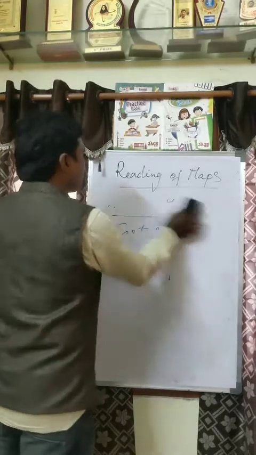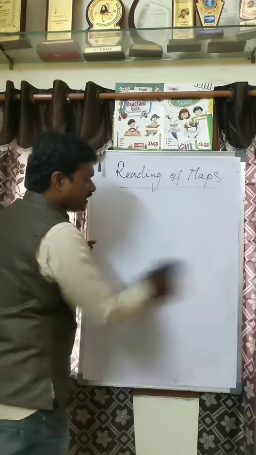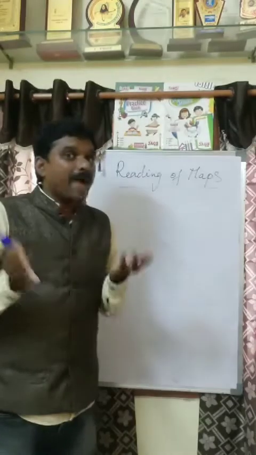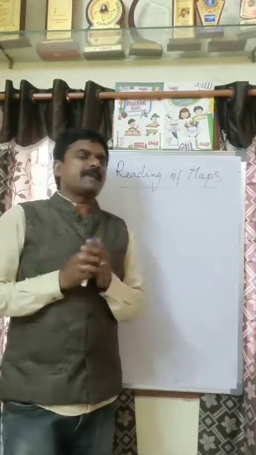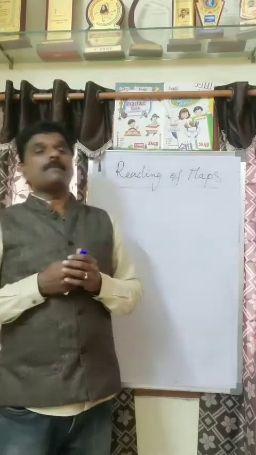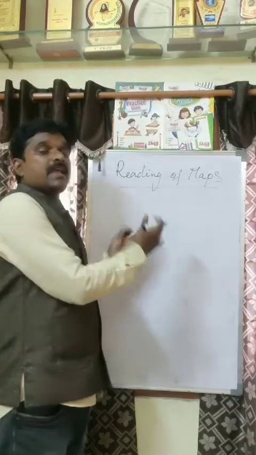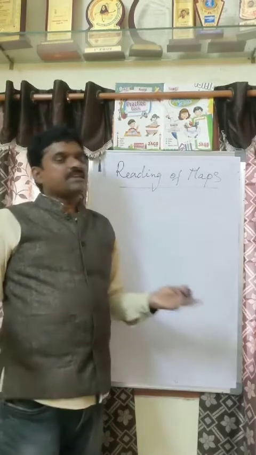Dear students, as a part of an activity, everybody should make a map now. Sir, how do we make a map, sir? One thing you do, you take a white paper.